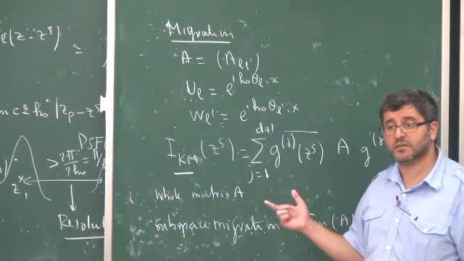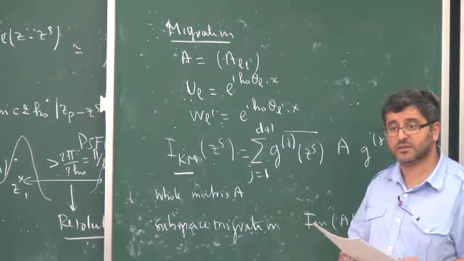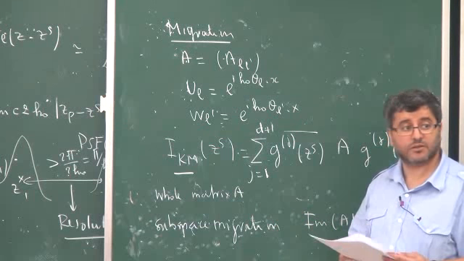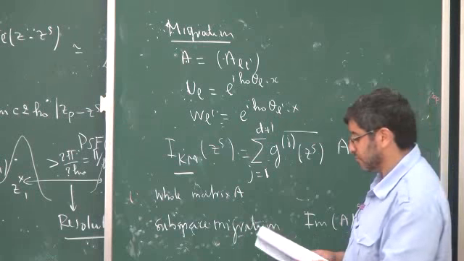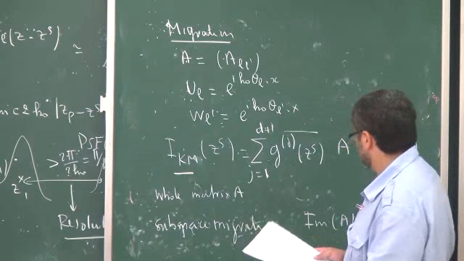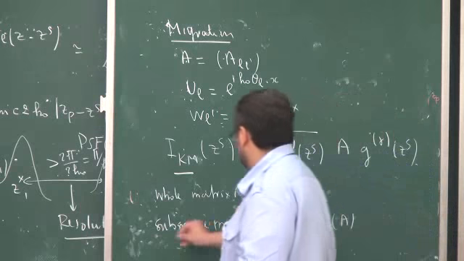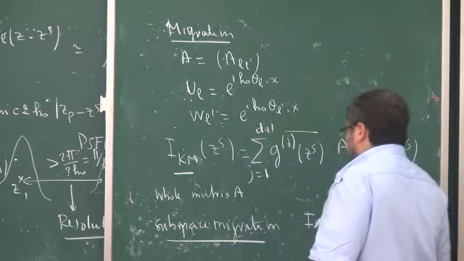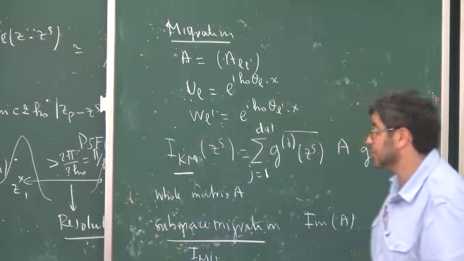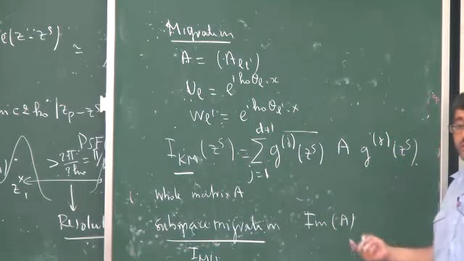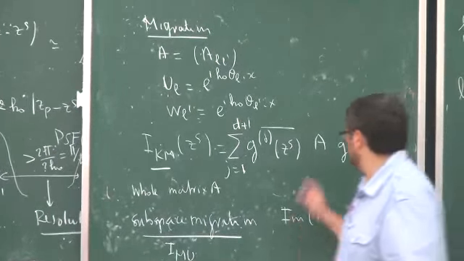It's either MUSIC or reverse time migration. So you will end up with exactly the same subspace migration. You can write what is E-MUSIC: it is the projection on 1 over the projection on the noise.